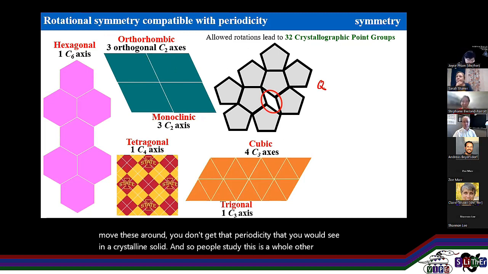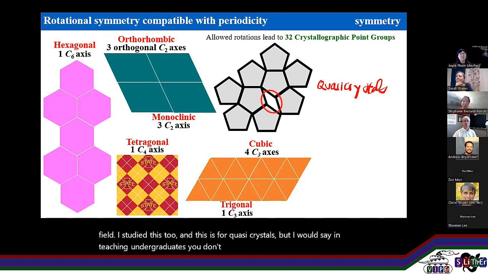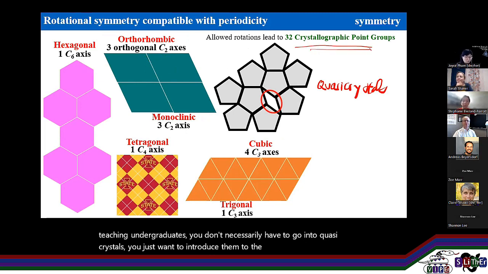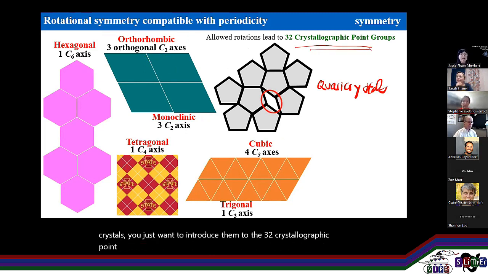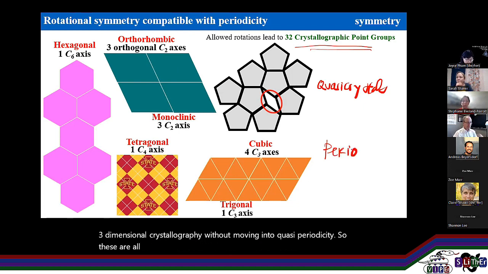I studied this too, and this is for quasi-crystals. But I would say in teaching undergraduates, you don't necessarily have to go into quasi-crystals. You just want to introduce them to the 32 crystallographic point groups that obey fundamental three-dimensional crystallography without moving into quasi-periodicity. So these are all periodic crystals instead of quasi-periodic crystals.